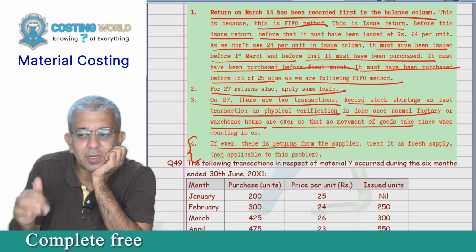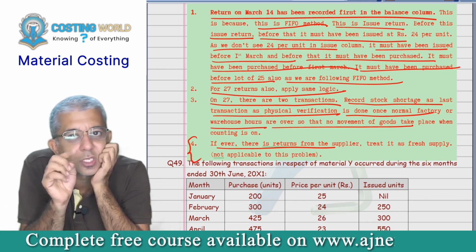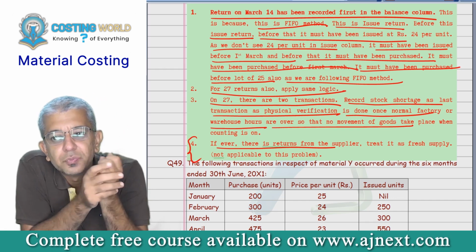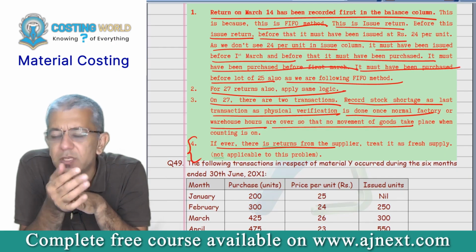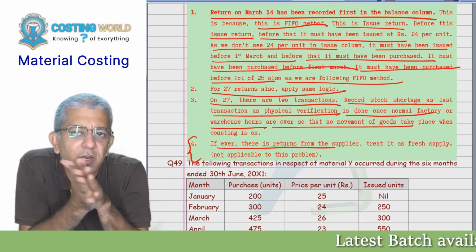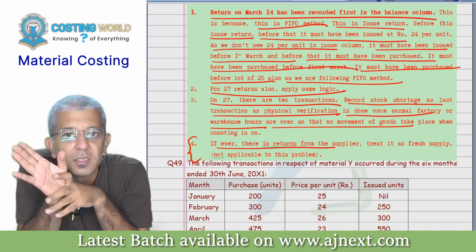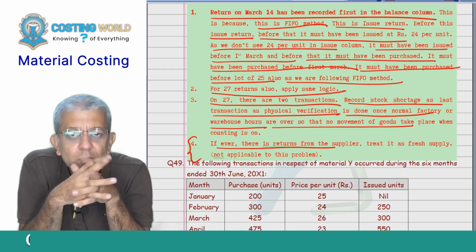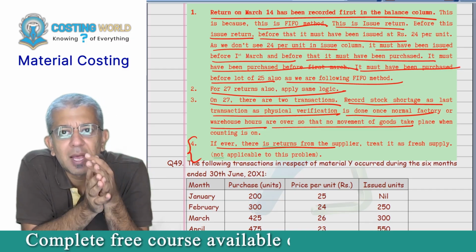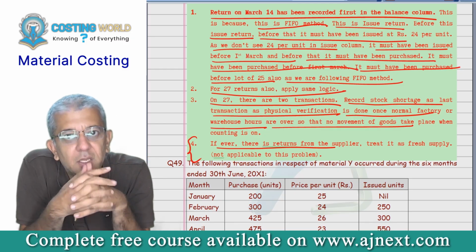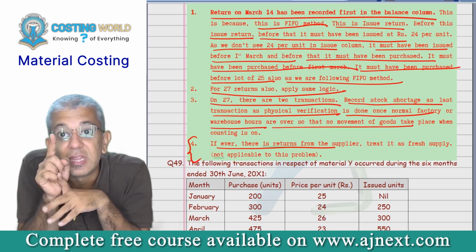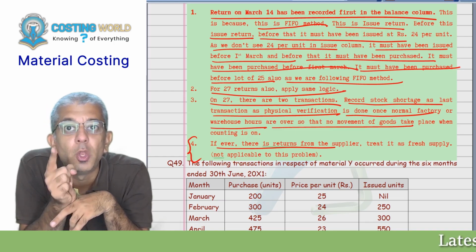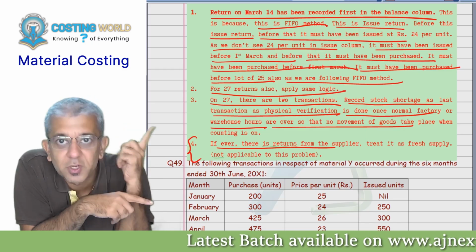Example, I'll tell with dates. On 1st, I purchased 500 units. Okay. But on the same day, or suppose on the next day, I found out that 50 units were defective. So therefore, on 2nd, I returned 50 units. Can we say you will be left with 450 units? Yes. On 5th, no, supplier sent me those 50 units again. Okay. So therefore, these 50 units will not have a purchase date of 1st.